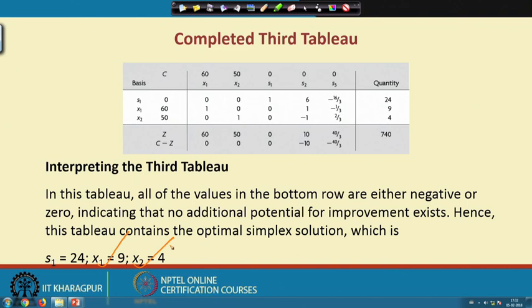You just put in the values and get the value of the objective function, which is coming to 740. That means z optimum is 740 subject to x 1 equal to 9 and x 2 equal to 4, and that is the optimum solution corresponding to this problem.